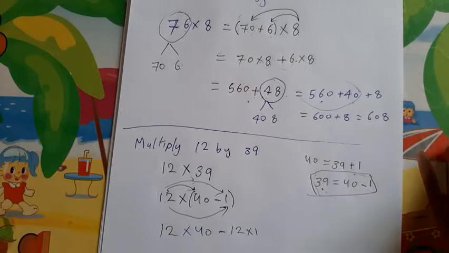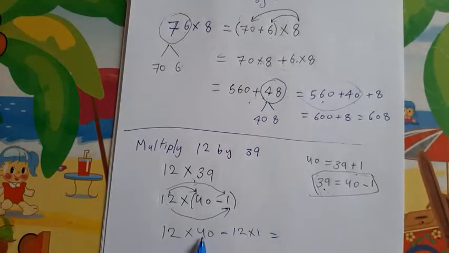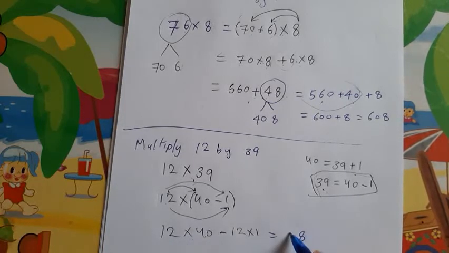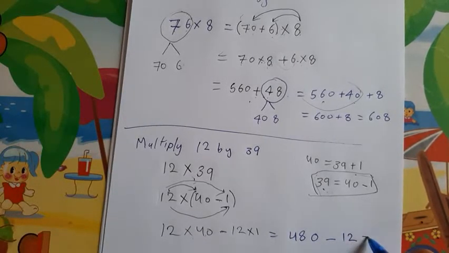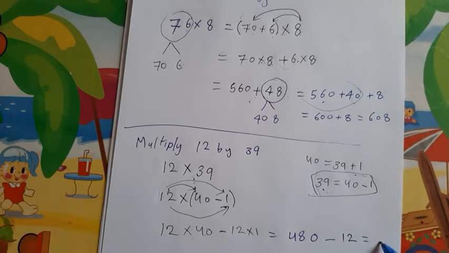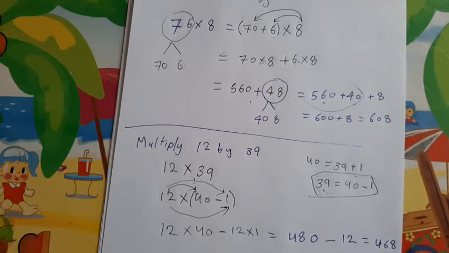What would this give me? 12 times 40. 4 times 2 is 8. 4 times 1 is 4, and the 0. Minus 12 times 1 is 12. Now you can easily subtract this. The answer would be 468.